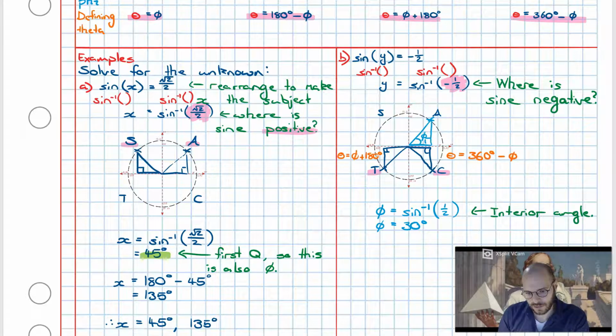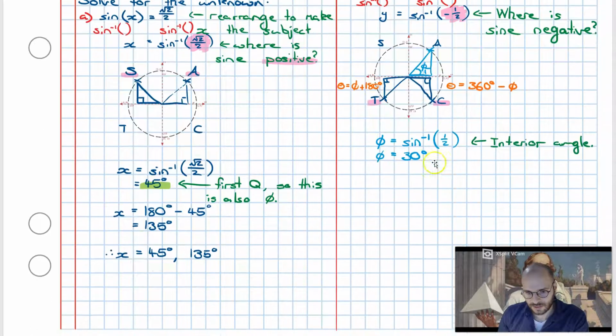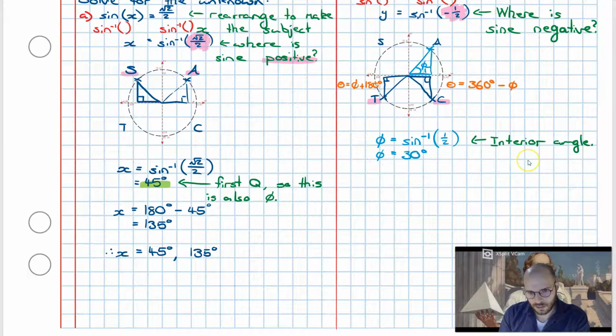So for our first solution, remembering that over here this isn't a solution, this is just a step towards a solution, the first one we're going to get is in the third quadrant, and it will be y equals 30 degrees plus 180 degrees. And therefore, the first solution is going to be 210.